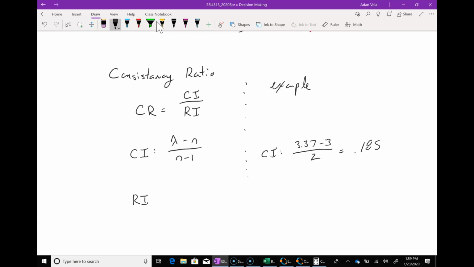What they found is that on average, for a random matrix, the consistency can be approximated by the following equation: 1.98 times n minus 2, divided by n. This was a neat little finding that people had.